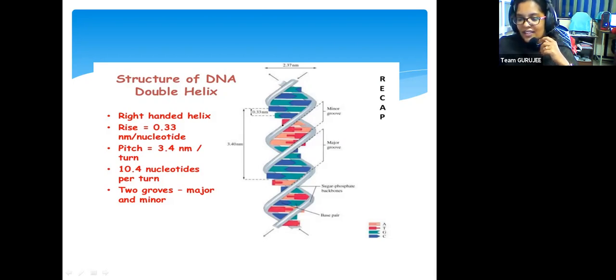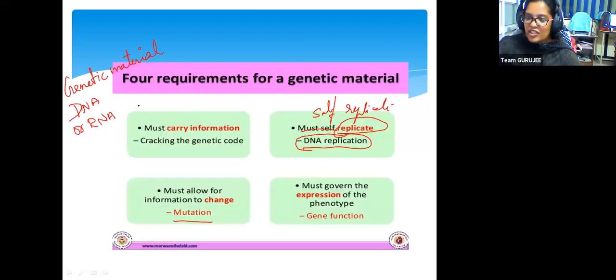Then what are the other diseases that you know? Alzheimer's disease. Okay, so many diseases are there based on the genetic characters. They are classified based on the structural modification or the chemical modification. So some change in genetic information leads to mutation.